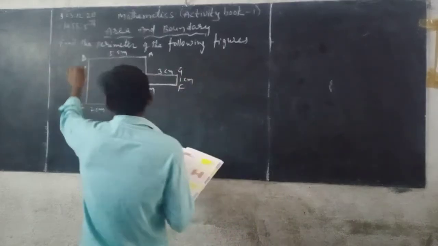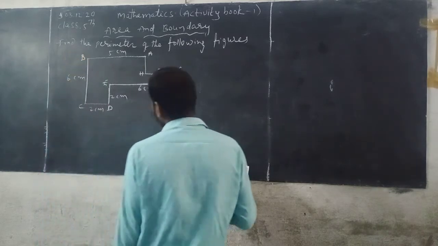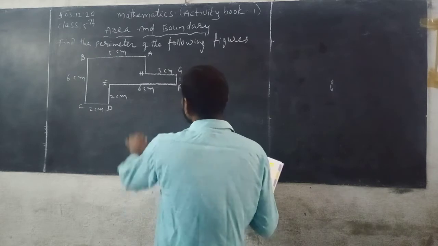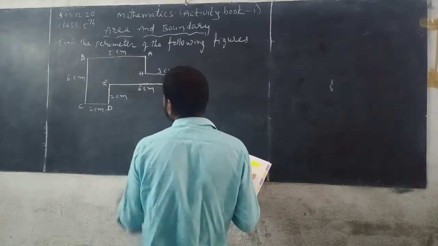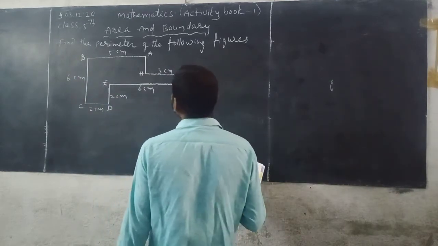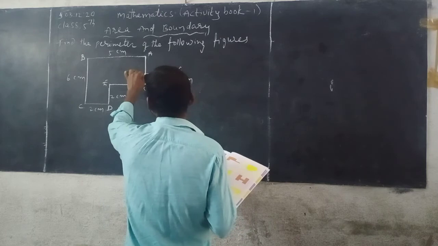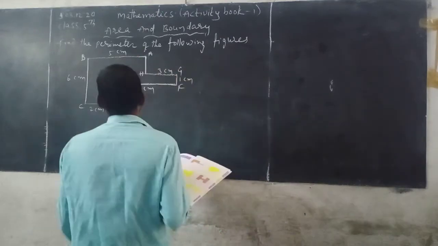See here, BC is equal to 6 centimeter. Okay. So you can find out the length of the side of HA. See here, BC is parallel to HA.